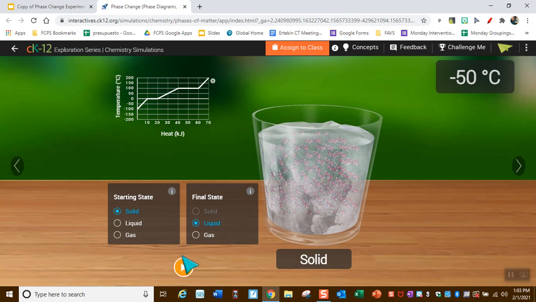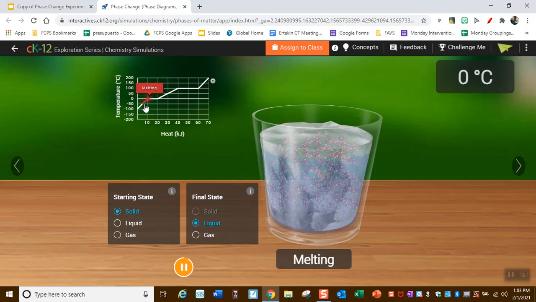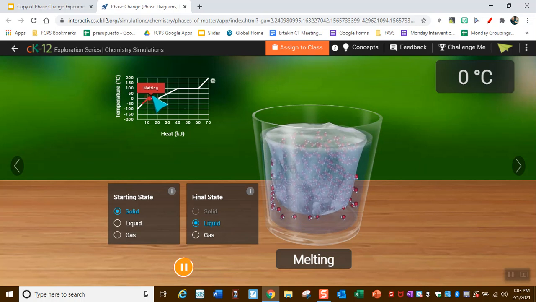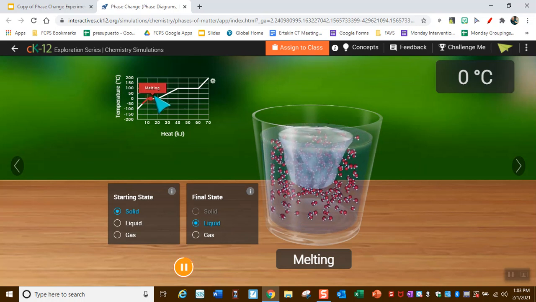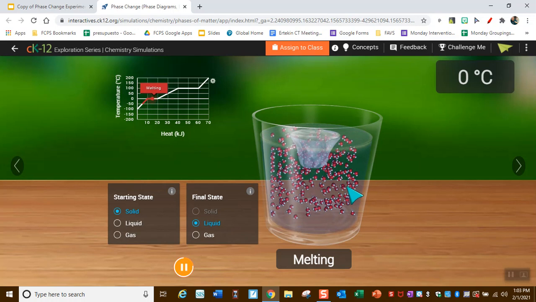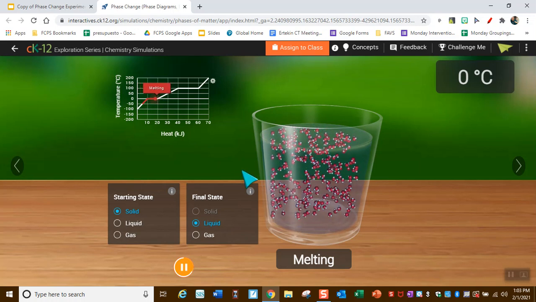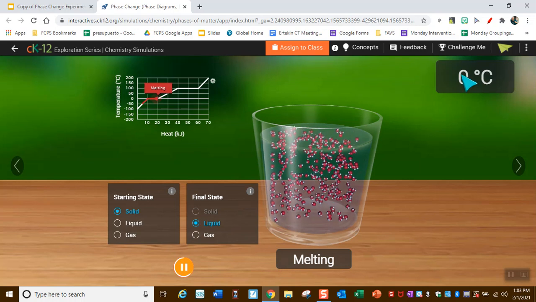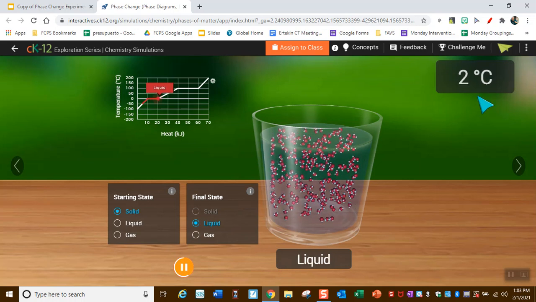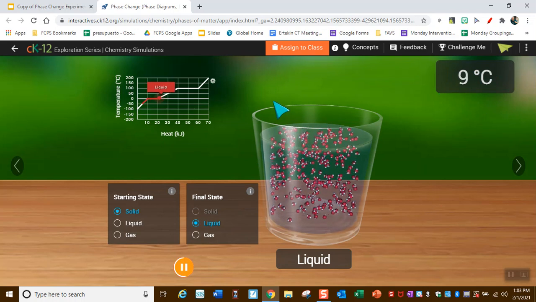So push play and let's see what happens. Play. So solid. Now it's melting. And the molecules are moving faster. And look, the temperature is getting hotter.